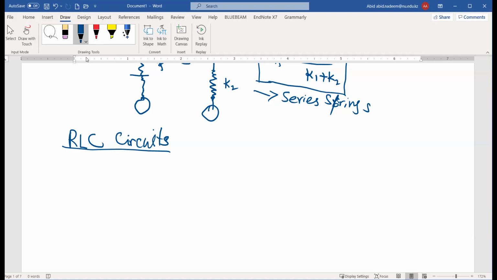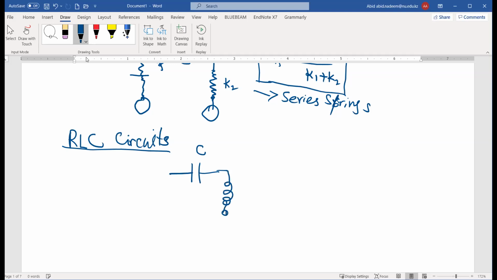R is for the resistance, L is for the inductance, C is for the capacitance. The real meaning of these terms is more familiar to electrical engineers. But what we can say here is that the circuit is like this. Here is a capacitor, and here we have an inductor.